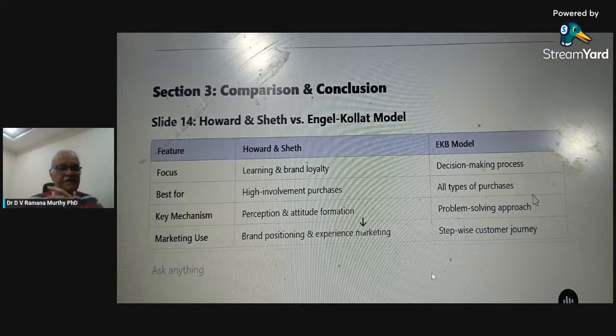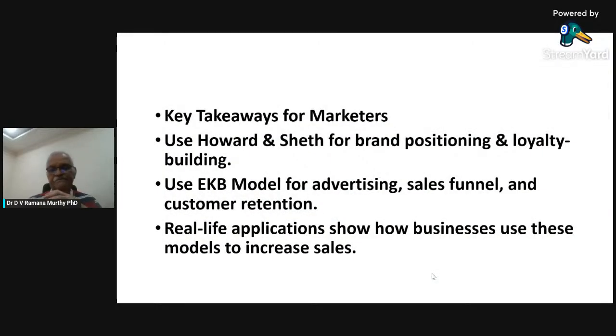Then about marketing use, the Howard and Sheth model is for brand positioning and experience marketing. This model's ideas are quite good. But in the case of the EKB model, a stepwise customer journey is attempted. So these are the important models that we need to answer. Then what are the key learnings for the marketers when we compare two different models?